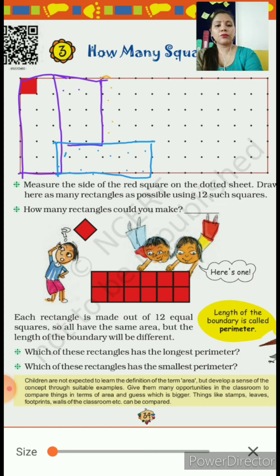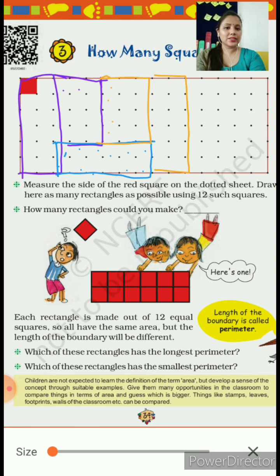So again 4 by 3, it's your fourth rectangle. Fifth rectangle, 1, 2, 3, 4, 5, 6, 7, 8, 9, 10. Okay, so 1, 2, 3, 4 and 3. And the last one is here. And the last 6 boxes are left.